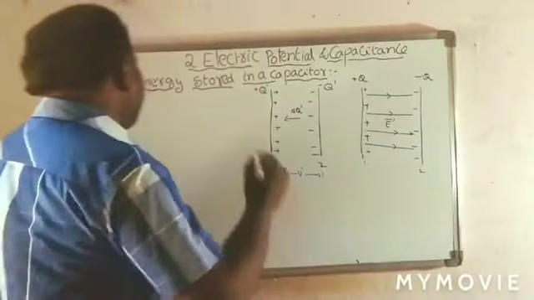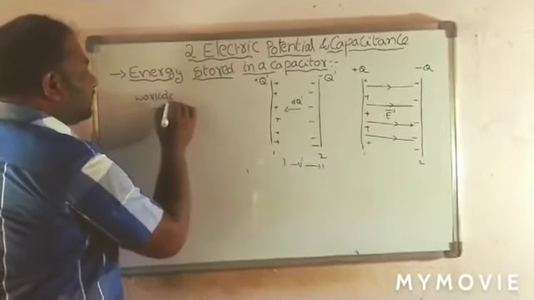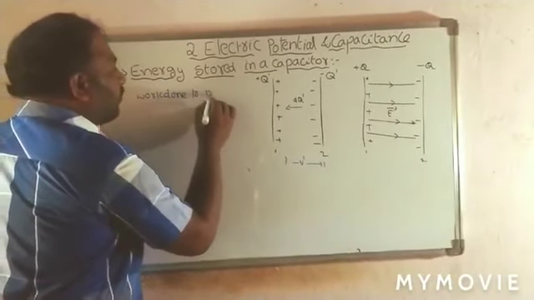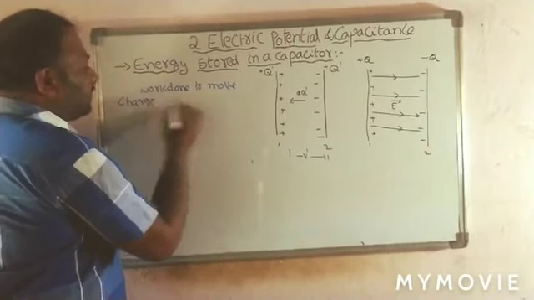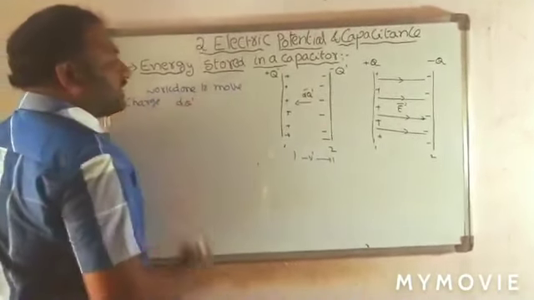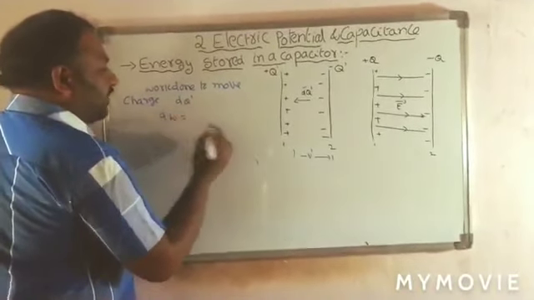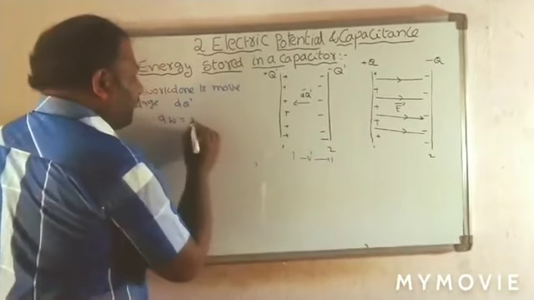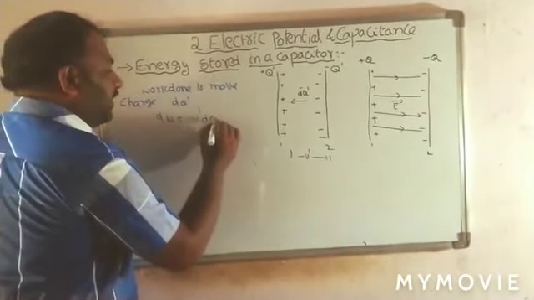For that, we are going to take the work done to move charge. Here I move the small charge dq dash. The work done to move the small charge dq dash is dW equal to V dash, the applied potential, into dq dash.